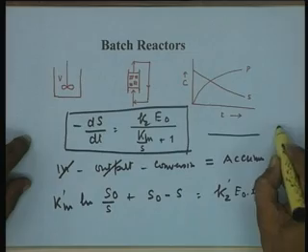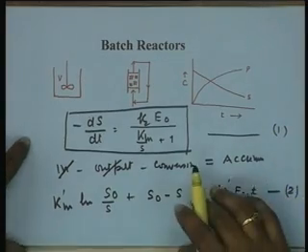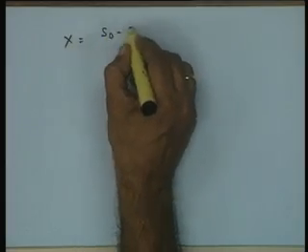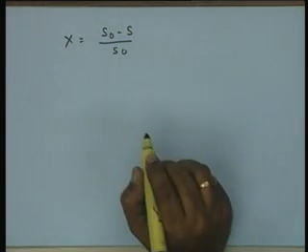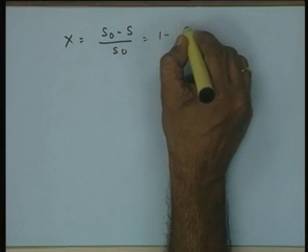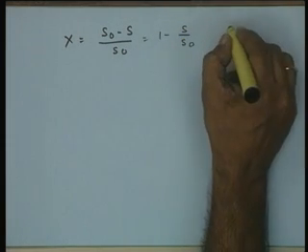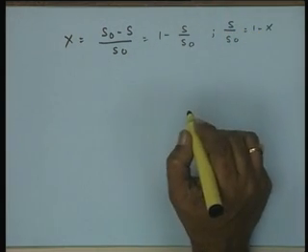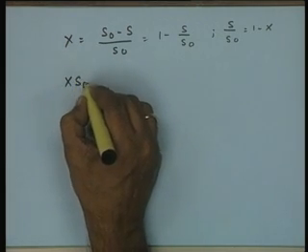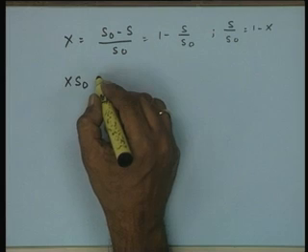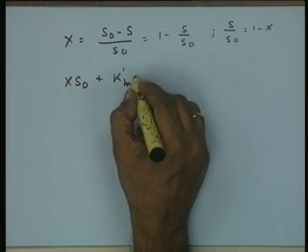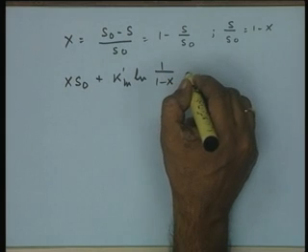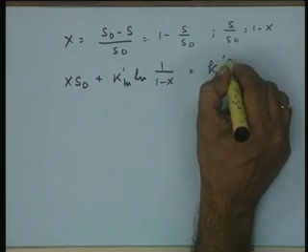Let us say this is equation 1, and this is equation 2. Now, if we want to describe the equation in terms of reactor performance, then x is equal to S0 minus S upon S0, which can also be written as 1 minus S upon S0, or S upon S0 is 1 minus x. If you substitute all these parameters, you get the reactor performance equation for a batch reactor in the form of fractional conversion, that is K'm ln 1 upon 1 minus x plus S0 x equal to k2' E0 into t.